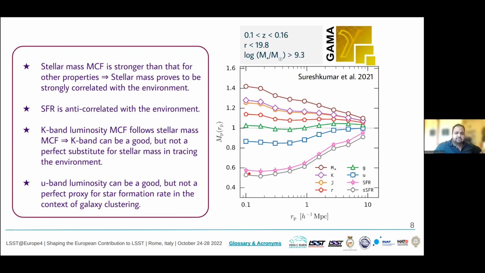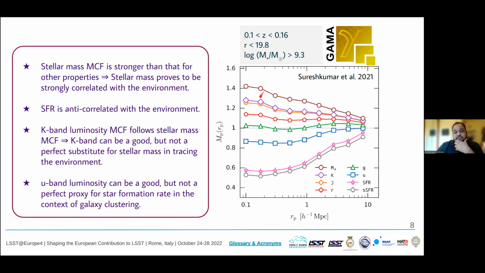At the same time, star formation rate is in the opposite way, which means it is anti-correlated. Also, when we look between different luminosities, we can see that the K band, this one, is the one which is close to the stellar mass, which means that K band luminosity's dependence on the environment is similar to that of stellar mass.